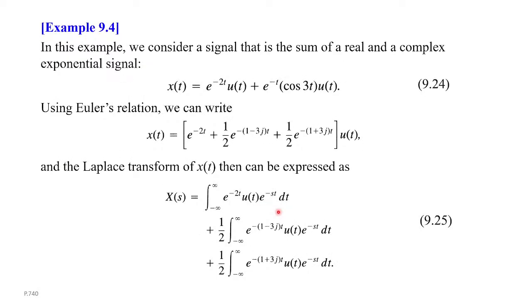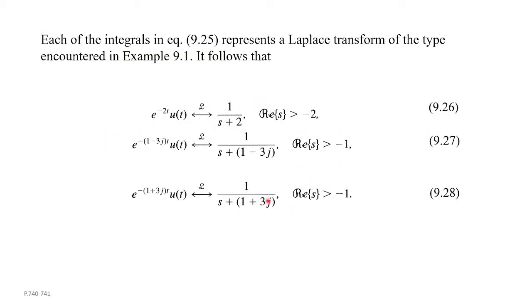And now what are the regions of convergence of those three things? This one we already know should be real part of s bigger than negative 2. And for those two, you can easily derive that when a is complex, you want the real part of s to be bigger than the negative of the real part of a. So the negative of the real part is 1 here. Okay.